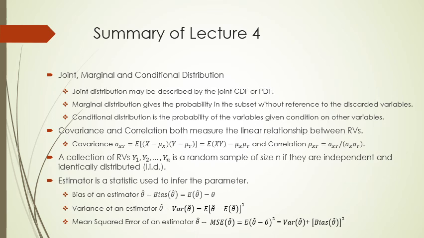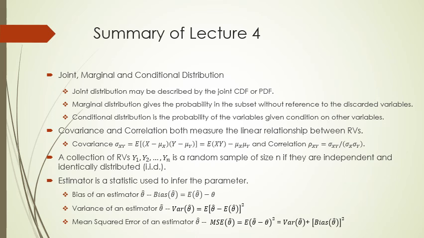Estimator is a statistic used to infer the parameter. For example, sample mean is an estimator of mu, and sample variance, S squared, is an estimator of the population variance. Bias of an estimator is the difference between the expectation of the estimator and the parameter.